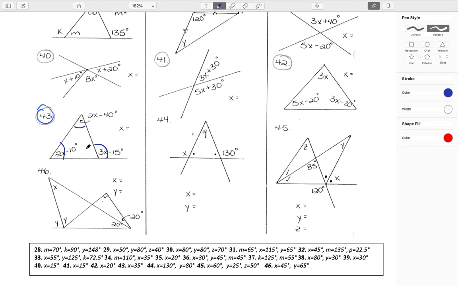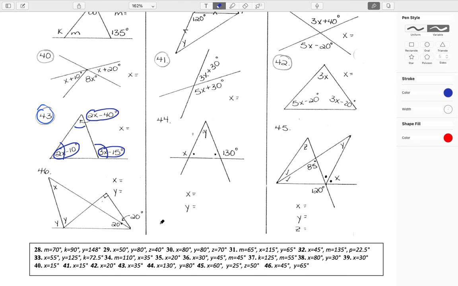From yesterday's lesson, I think it was angle theorem number 7, 2 interior angles add up to the opposite exterior angle. So what that means is that this 2x minus 40 plus 2x minus 10 should equal 3x minus 15.